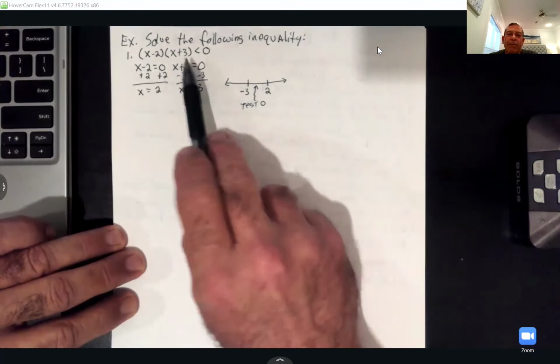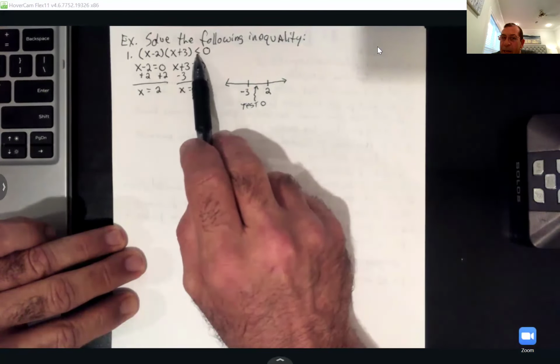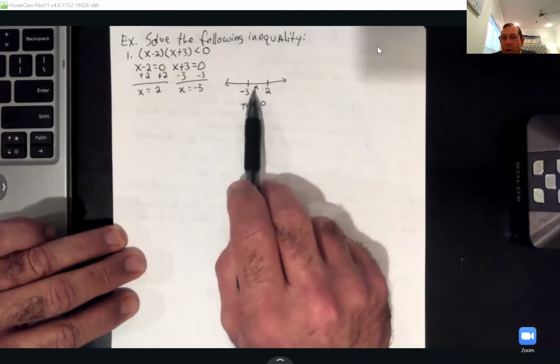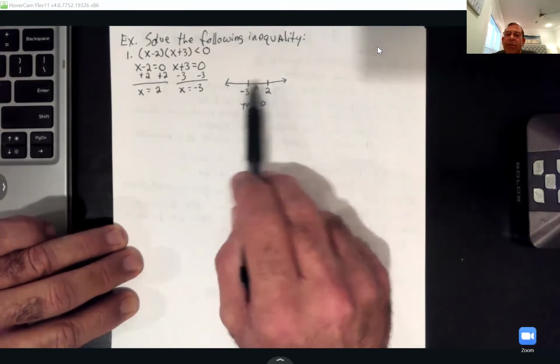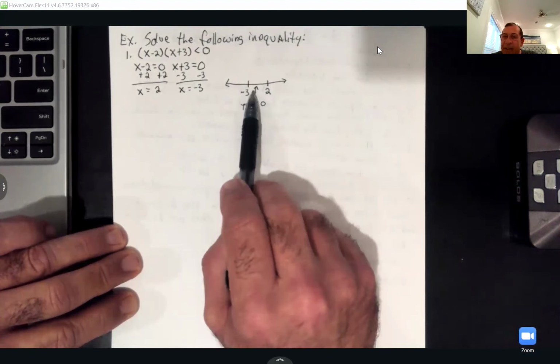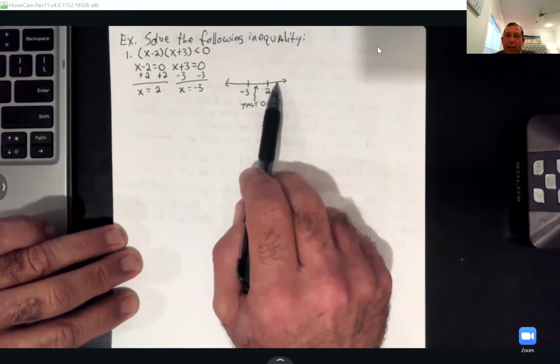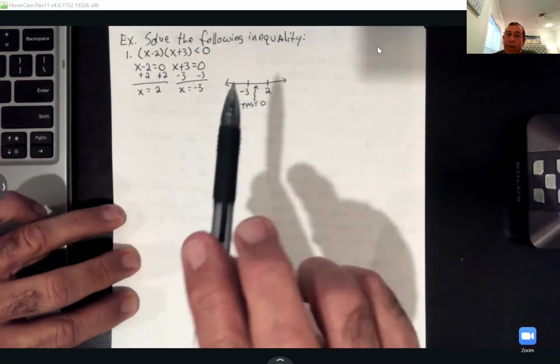Now, if 0 is put into here and makes this a false statement, then I'm not going to shade where the 0 was located, and I'll shade the outside areas. Okay? So if this one's not shaded, that means both of these will be. If this one is shaded, then both of these won't be.